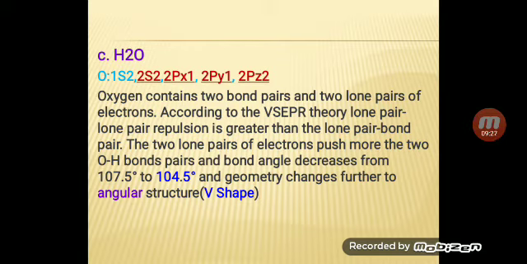According to VSEPR theory, lone pair lone pair repulsion is greater than lone pair bond pair repulsion. The 2 lone pairs of electrons push the oxygen hydrogen bond pairs more, and the bond angle decreases from 107.5 degrees to 104.5 degrees, and the geometry changes further to an angular structure or V shape.